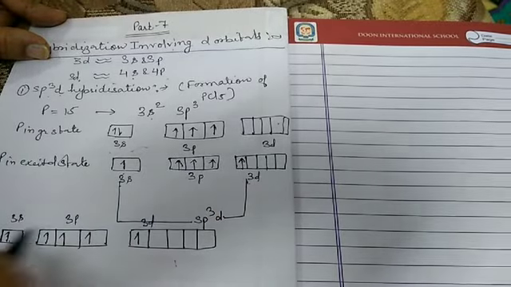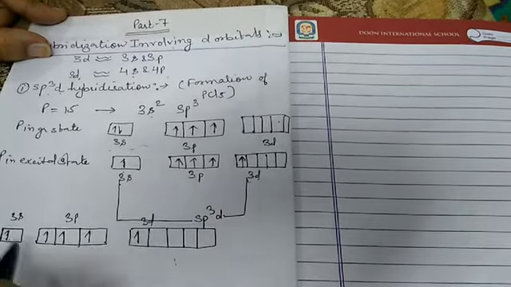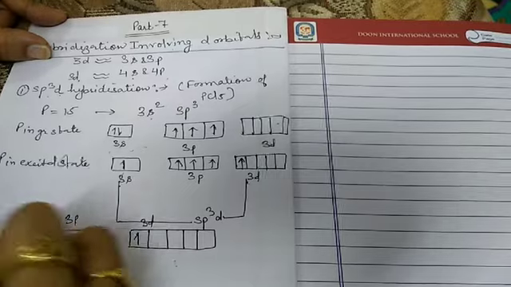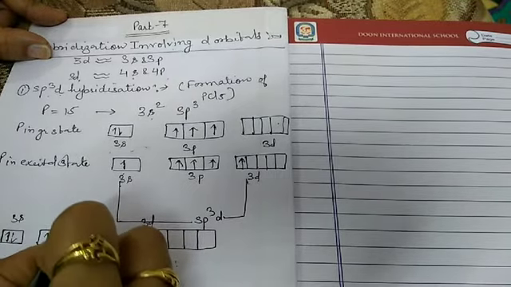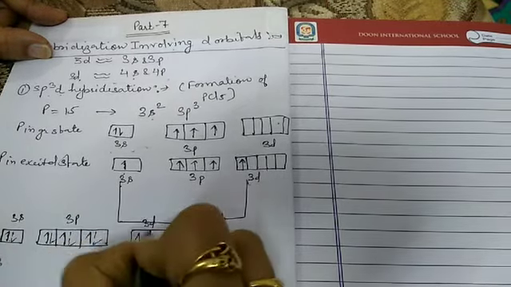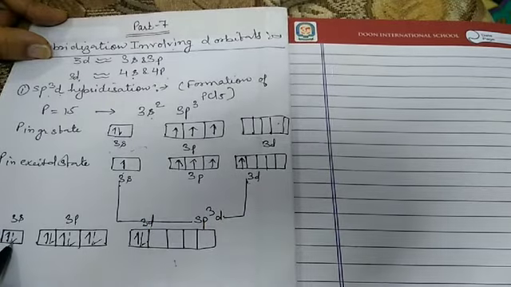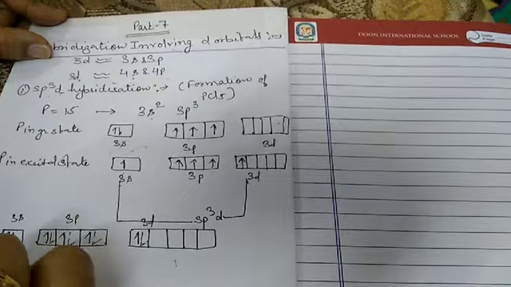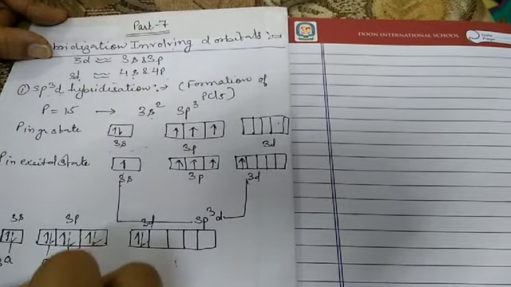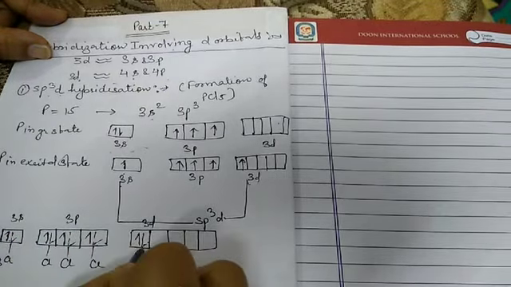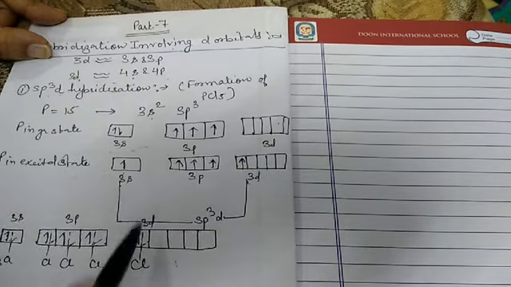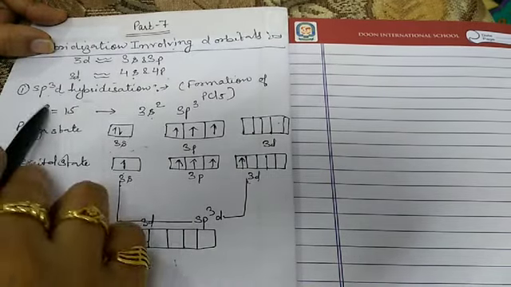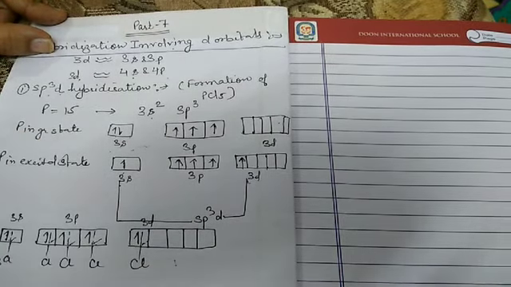Now we have 5 Cl. For the Cl, I am using the dotted line, which represents the electron. This is 1 Cl, 2, 3, 4, 5. So this is the example of sp3d hybridization.